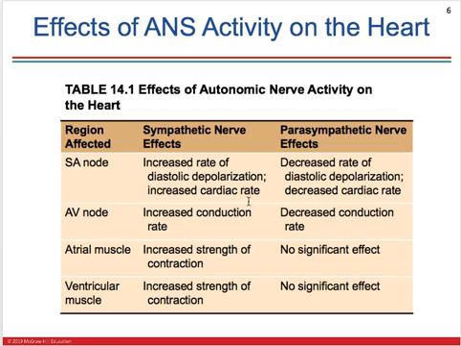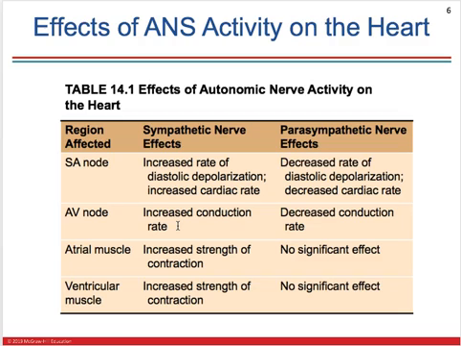So this shows the effect of sympathetic and parasympathetic in different parts of the heart. We're going to look at the SA node, the AV node, the atrial muscle, and ventricular muscle. So as I mentioned, at the SA node, the rate of depolarization increases with epinephrine and norepinephrine, and the rate of depolarization slows with parasympathetic acetylcholine. The conduction velocity in the AV node is increased a little bit with sympathetic.